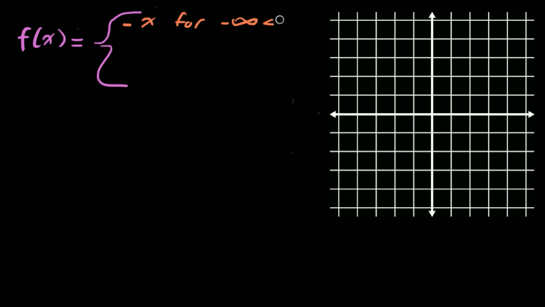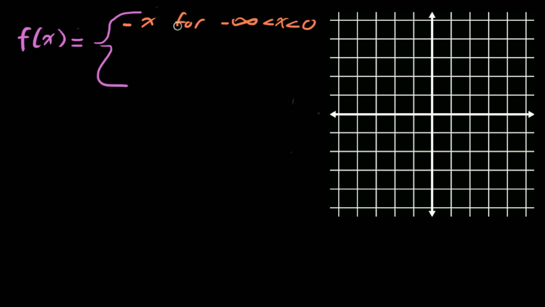So anyway, let's do this. Let's say we've got a function f of x, and f of x is going to be equal to a whole set of different things. We're going to say here that f of x is going to be equal to minus x, from minus infinity less than x less than 0.